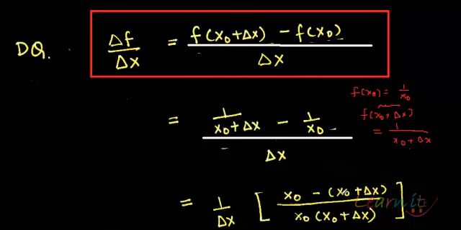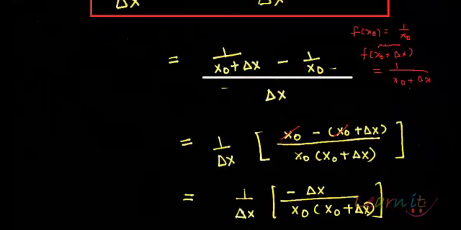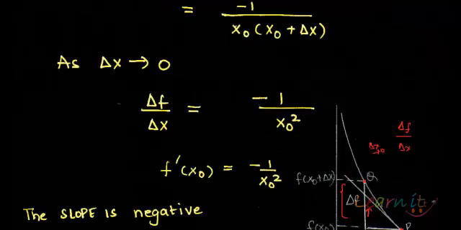Now we will just open this up. What will happen? x naught will cancel out x naught, and what will remain is essentially minus change in x. Next step, change in x will cancel out with change in x, and what will remain is essentially minus of the denominator here.